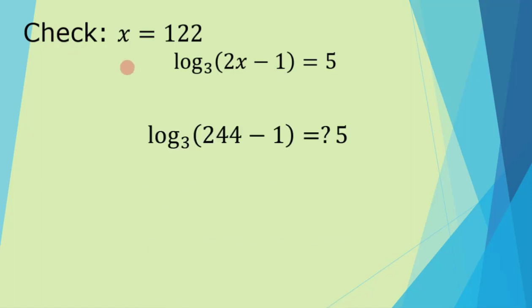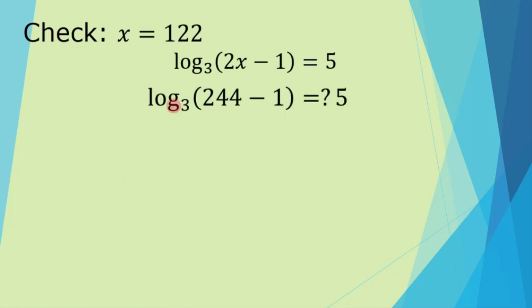So we have the original expression. Then substitute x equals 122. So we have here log of 244 minus 1 to the base 3. Is it really equal to 5? We are not yet sure. So you may write a question mark before or after the equal sign. So simplifying this is 243.